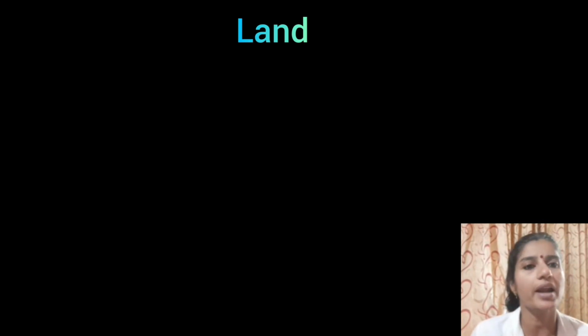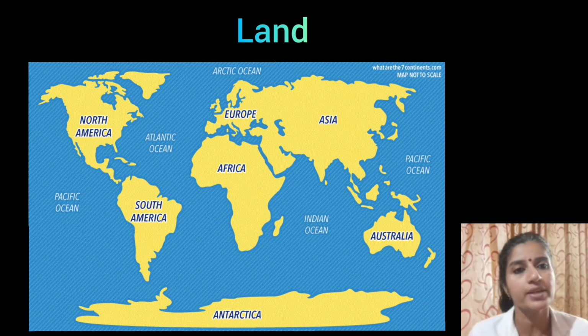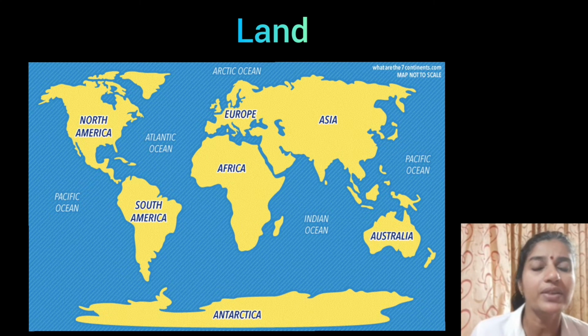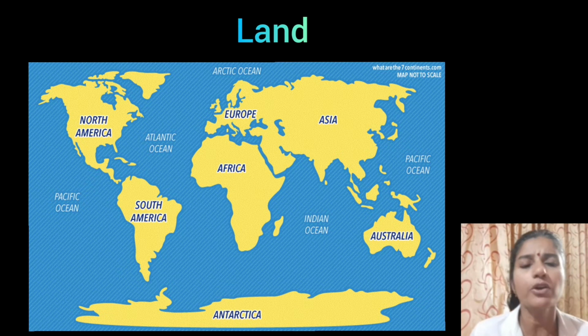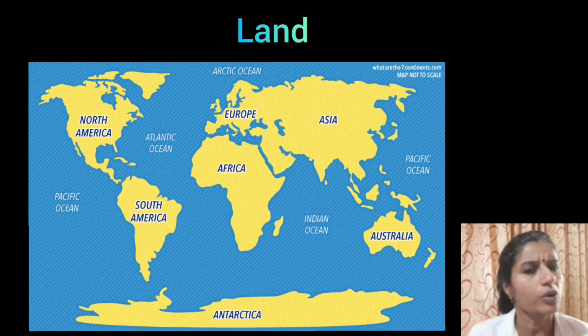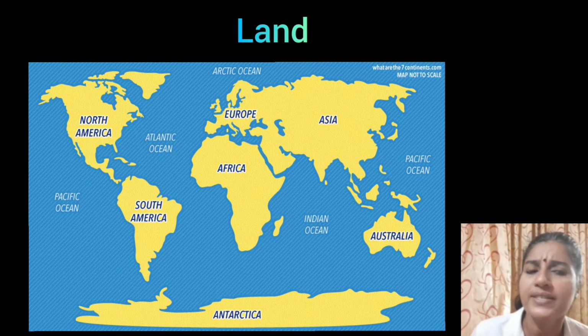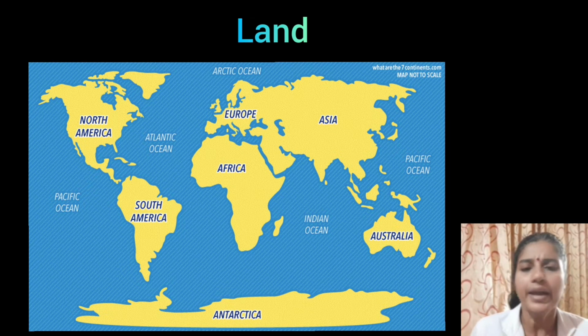The entire land on the earth is divided into 7 continents, which cover nearly 30% of the entire earth's area. I think you all know the names of these 7 continents: Asia, Africa, Antarctica, North America, South America, Europe and Australia.